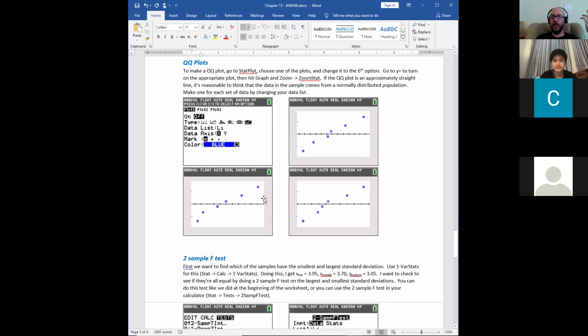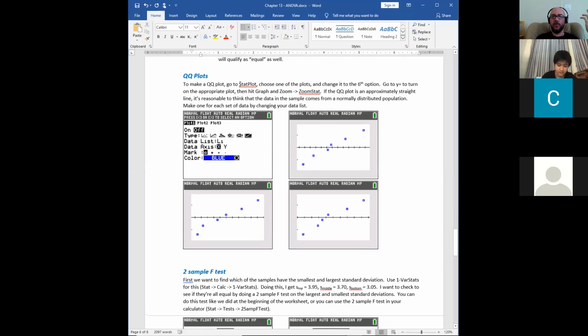Okay. So here's how we make QQ plots. You go to stat plot and choose one of them, and change it to the 6th option like this. So this guy was the QQ plot in stat plot. Stat plot is the second function of y equals, in case you forgot. Then we turn on that plot and graph it, and we're looking for a straight line basically.